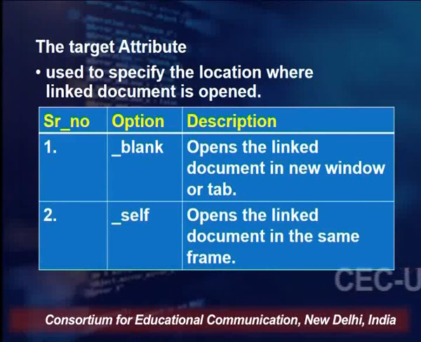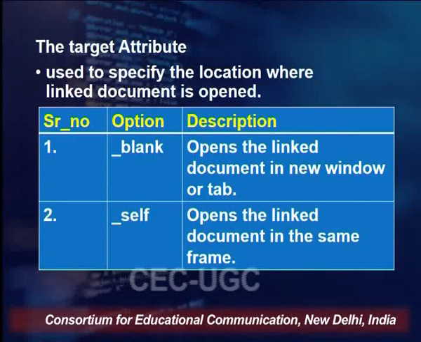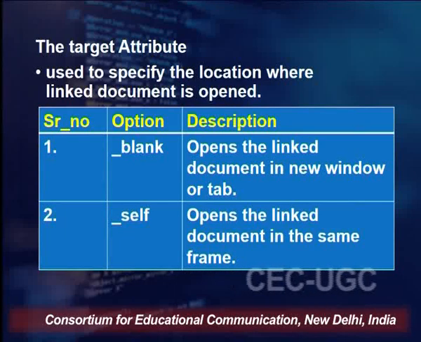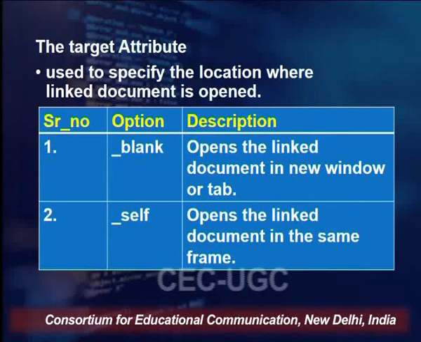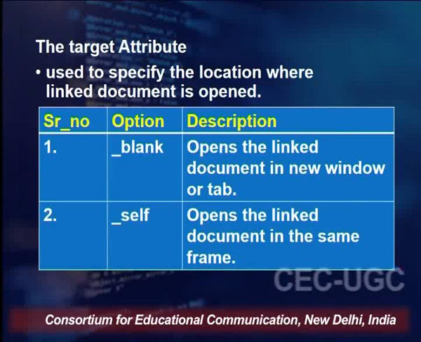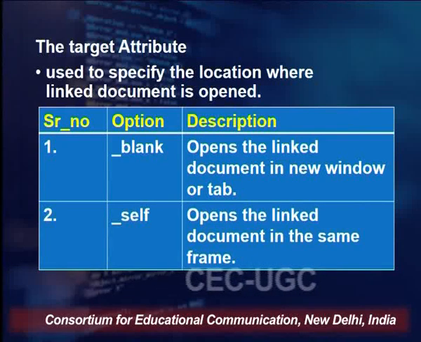Then we have _self as the value of the target attribute. If we write target is equal to "_self" within the double inverted commas, it opens the linked document in the same frame. That means in the same window, or more specifically in the same tab, the frame in which we are presently working.